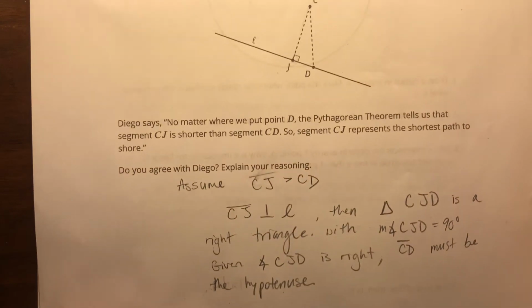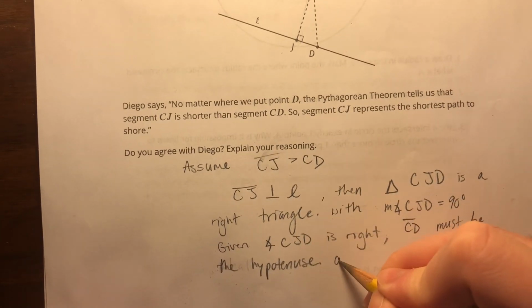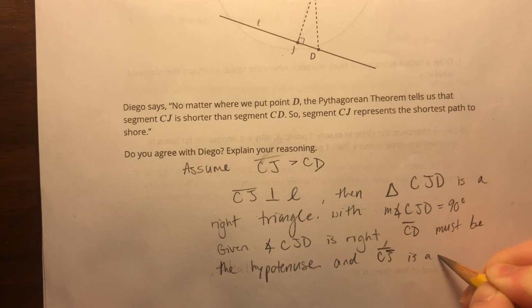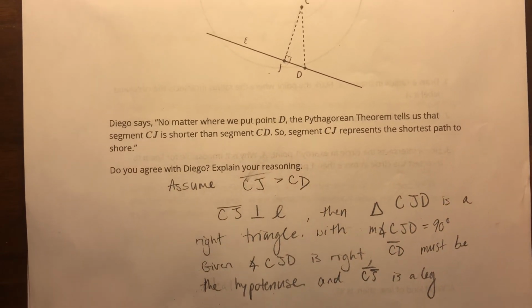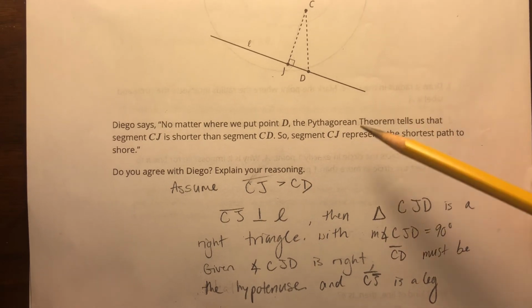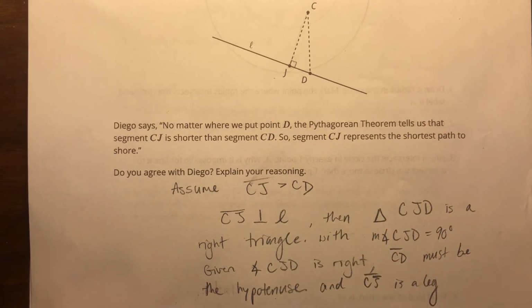Okay, so now, knowing that CD is the hypotenuse and CJ is a leg, why is this going to prove or disprove my initial assumption that CJ is greater than CD?